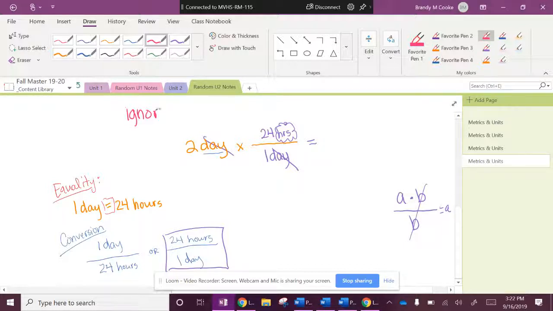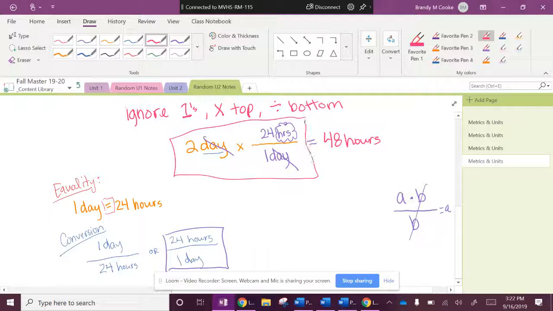So ignore the ones, and then multiply the top and divide the bottom. 2 times 24 is 48. 48 hours. Again, we knew that answer. We could do the math in our head, but this is the algebra behind why that calculation is possible: what the equality is and how the units cancel out. So that's where we get our answer.